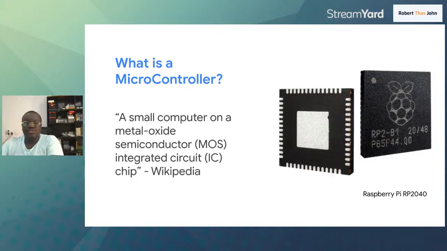So what's a microcontroller? We know what a computer is. Laptops, desktops, those are computers. We can use them for all sorts of things. Word processing, graphics editing, watching movies, even playing games. Those are called general purpose computers.